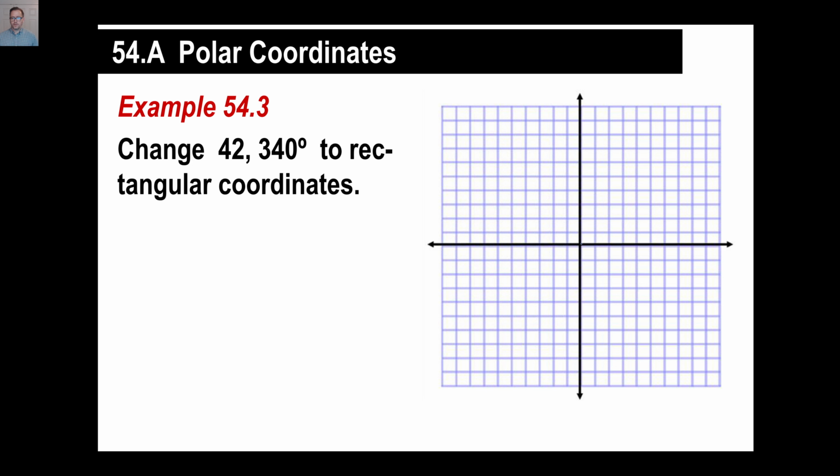Okay, this is what it's going to look like. Again, here we go. 90, 180, 270, and then how much more do we have to go to get to 340? 70 degrees, right? So from here to here will be 70 degrees.